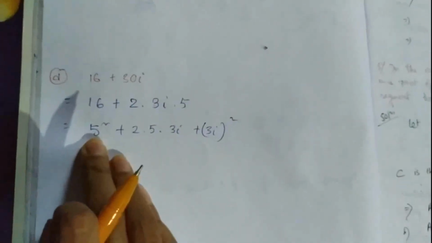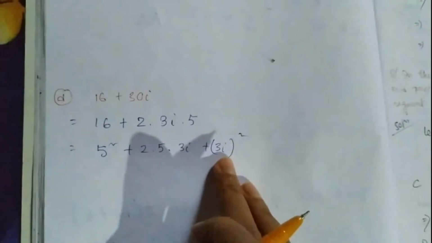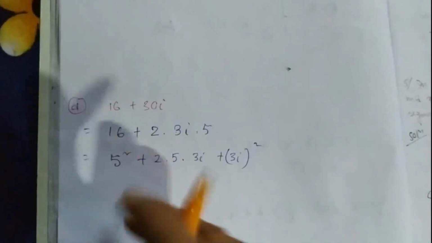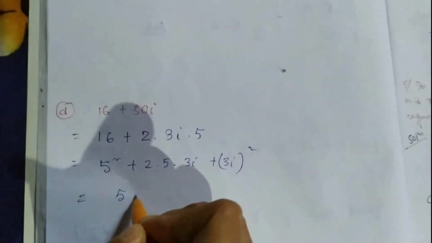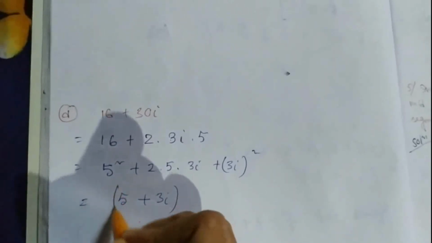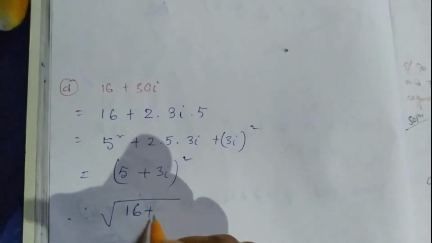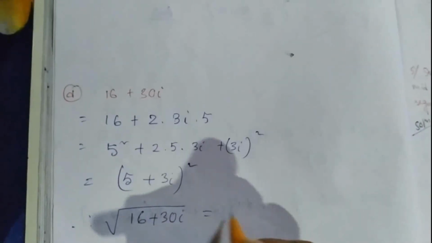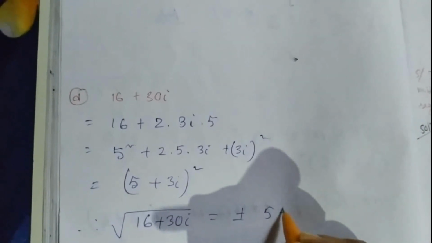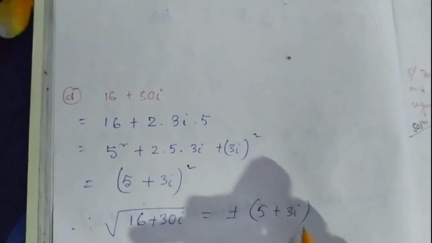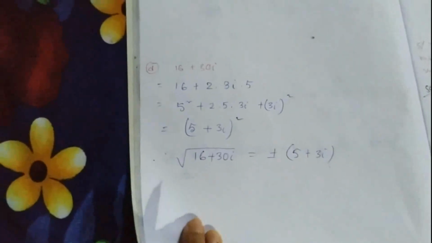So 5 square is 25 and (3i) square will be minus 9. So 25 minus 9 is 16. So ultimately (5 plus 3i) whole square. Therefore root of 16 plus 30i is equal to plus minus (5 plus 3i) in square root, no? This is the answer.